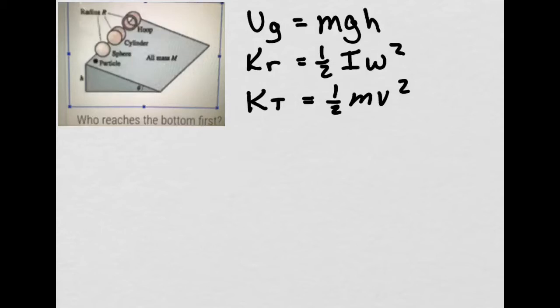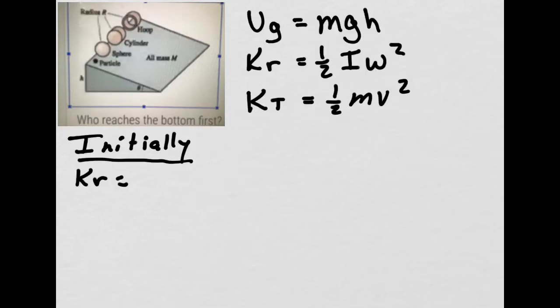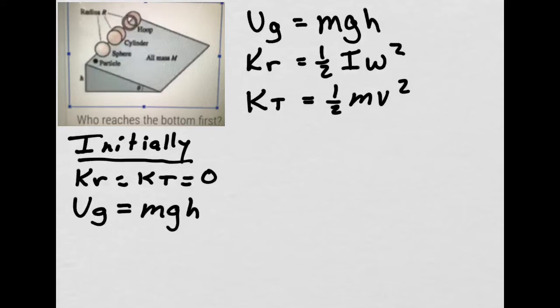So let's start with our initial. Initially, they're all at rest. So Kr equals Kt equals 0, and the gravitational potential is mgh. We're not given any numbers here, but all of these things have the same mass and the same radius r. So we're going to do everything in terms of variables.